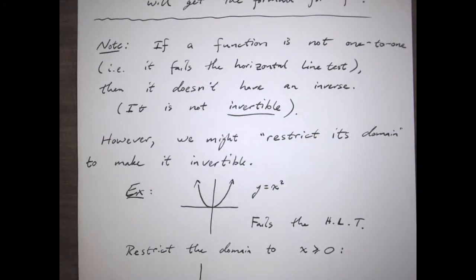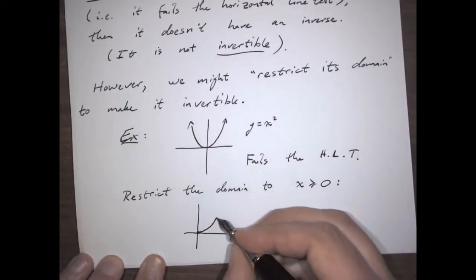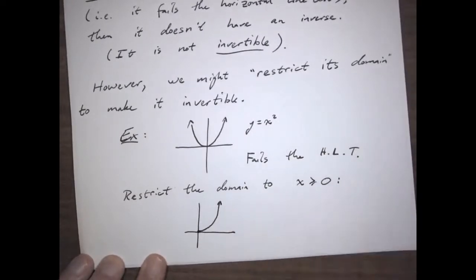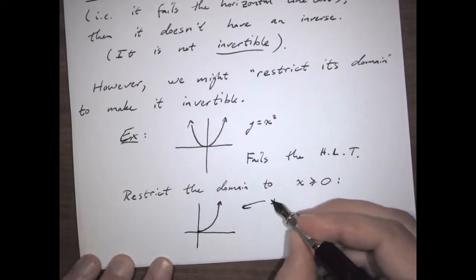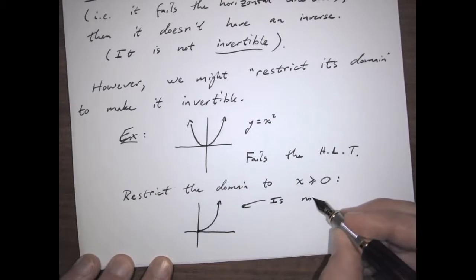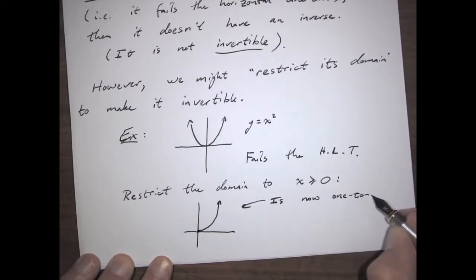Now, what you'd have is only the right half of that parabola, and that would now pass the horizontal line test. So this is now one-to-one.